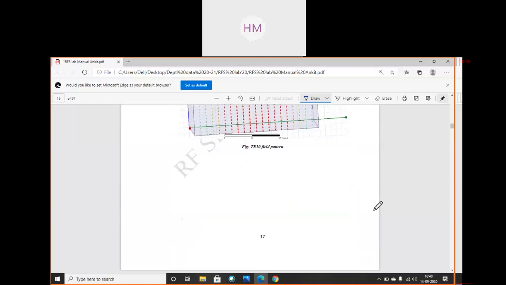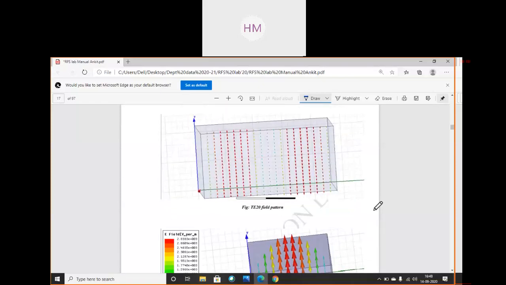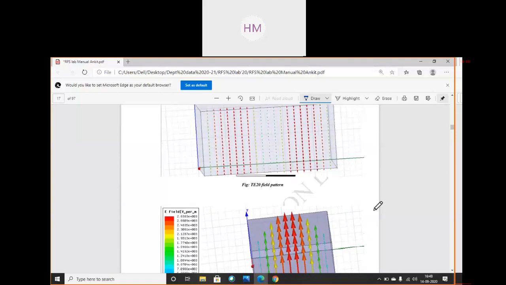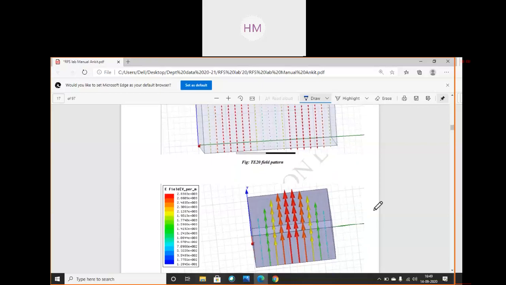If students cannot have their printouts, you can draw it by your hand. Use colorful pen, your pencil colors, sketch pens you can use to plot this field patterns in your file work. That also you can do. Printout is not necessary, you can draw it also. Or no, then we will see what we can do.